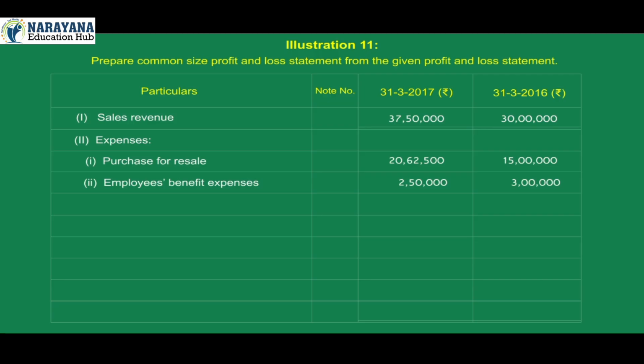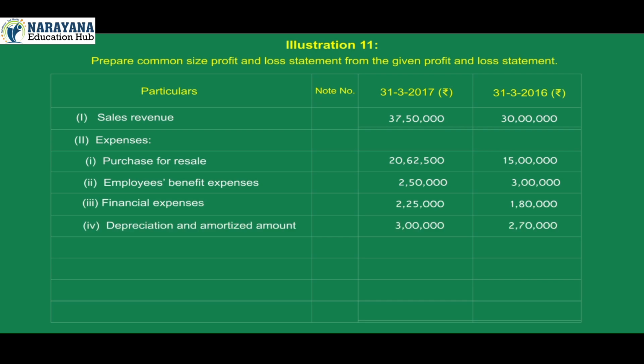Employees benefit expenses, 2 lakh 50,000, 3 lakh. 3. Financial expenses, 2 lakh 25,000, 1 lakh 80,000. 4. Depreciation and amortized amount, 3 lakh, 2 lakh 70,000. Total expenses, 28 lakh 37,500, 22 lakh 50,000.